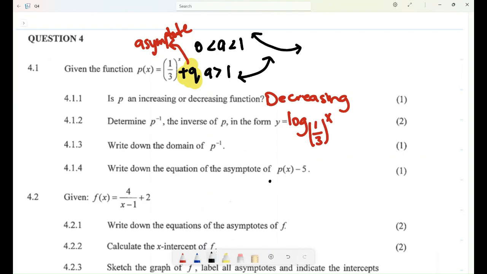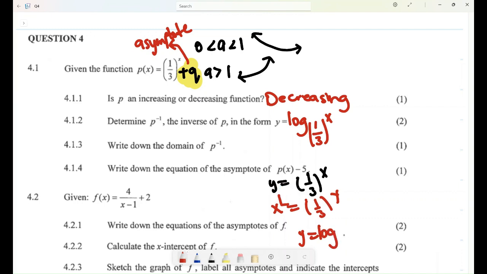You can say y is equal to 1 over 3 to the power of x, then interchange x and y. Then when you drop this, you should drop it legally, so it means you should add a base, then 1 divided by 3 to the power of x. So answer only is also 2 marks. Alright? Yes.